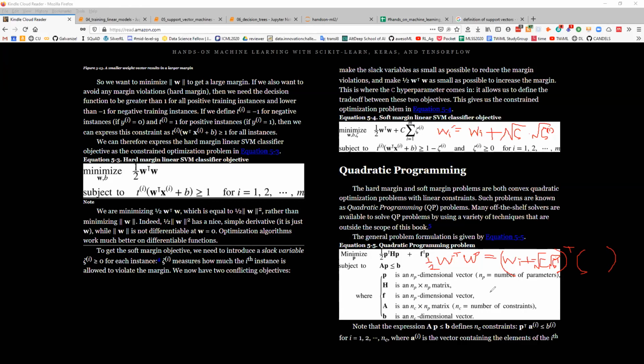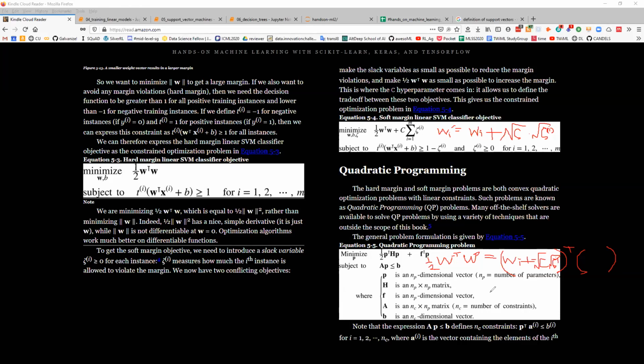So let me just read the answer for the sake of time, and perhaps we can think more about it later on. Let's call the quadratic programming parameters for the hard margin problem H, F, A, and B, as in the quadratic programming section on page 167.